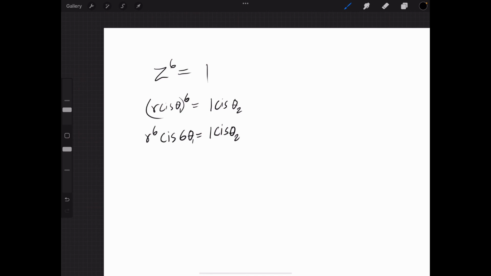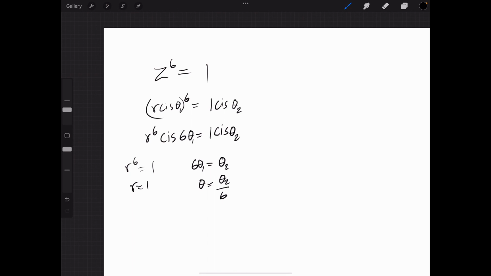And now we just say r to the 6 is equal to 1, meaning that r is also equal to 1, and that's our modulus. And then our argument is 6 theta 1 is equal to theta 2. So theta 1 is equal to theta 2 over 6.